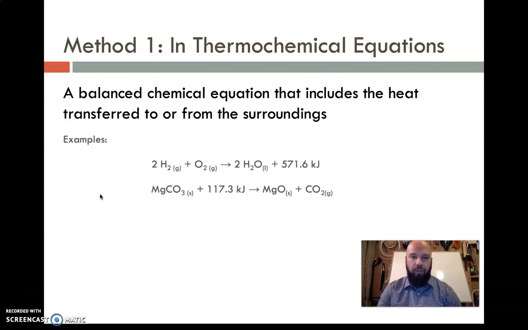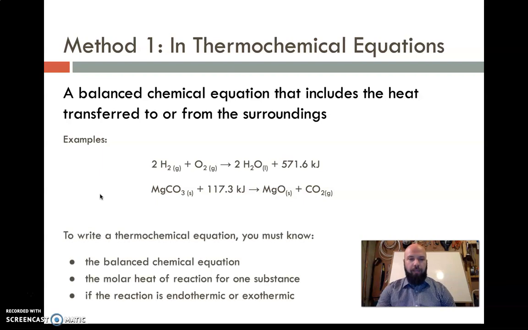So here's two examples. The first example here, you have hydrogen gas and oxygen gas combining to create water and releasing 571.6 kilojoules of energy. That is an exothermic reaction.